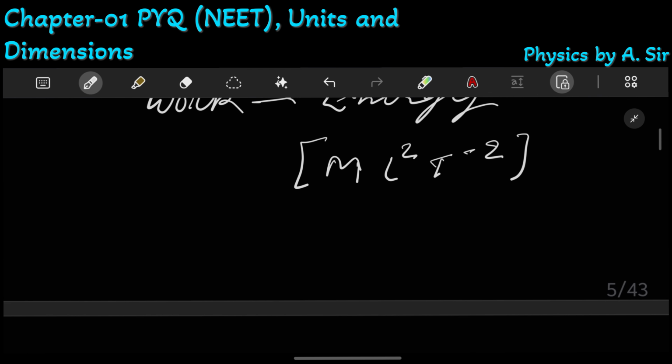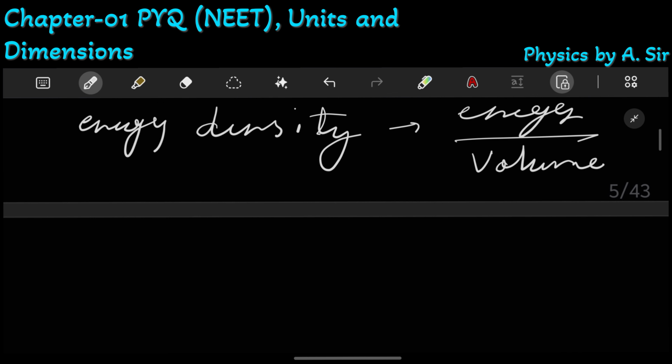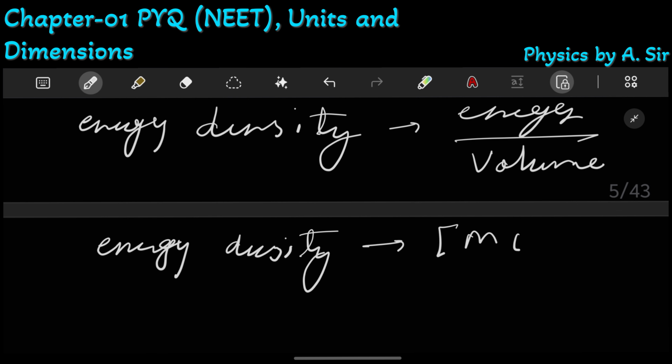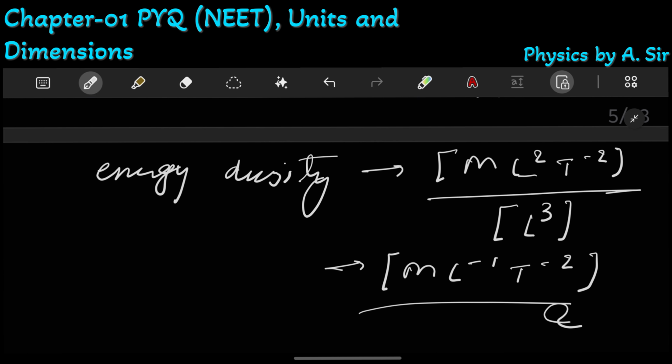Energy density is energy per unit volume. So energy is ML square T to the power minus 2, as we have seen above, and dividing by volume, that becomes M L to the power minus 1 T to the power minus 2.